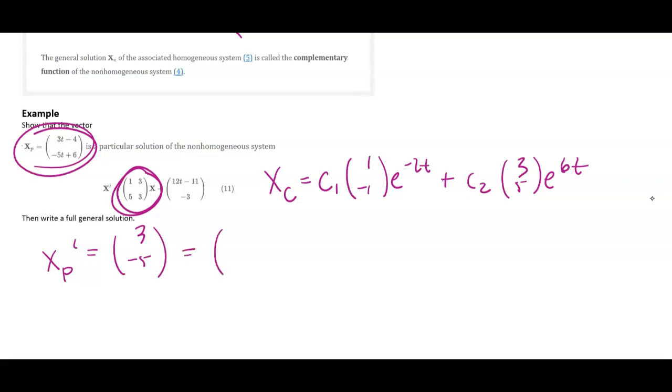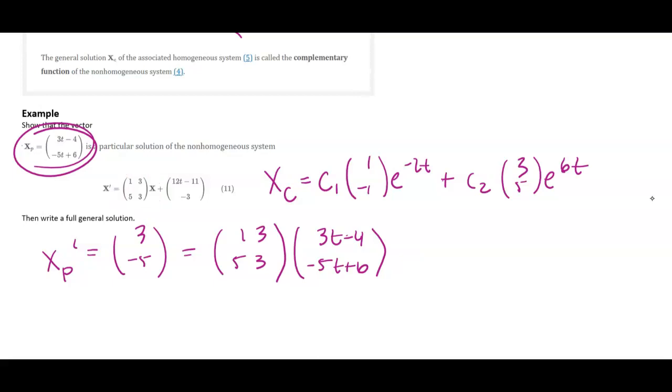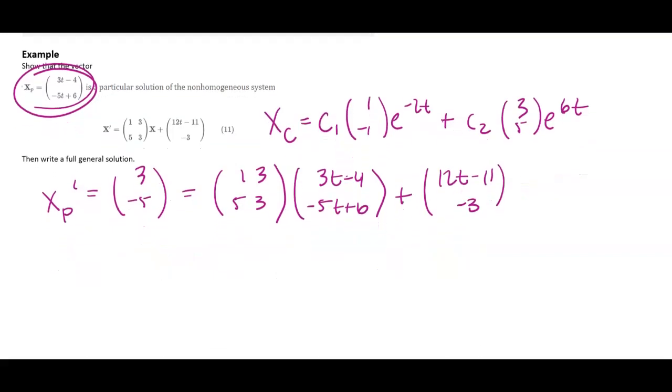So let's go ahead and show that the matrix 1, 3, 5, 3 times xp, plus the forcing term, is equal to that.